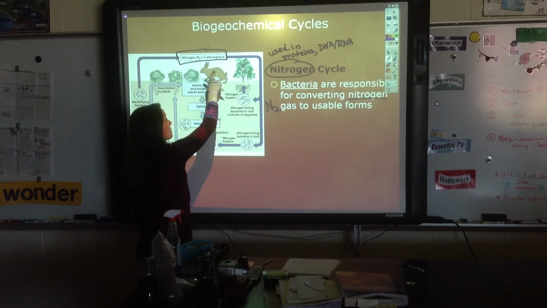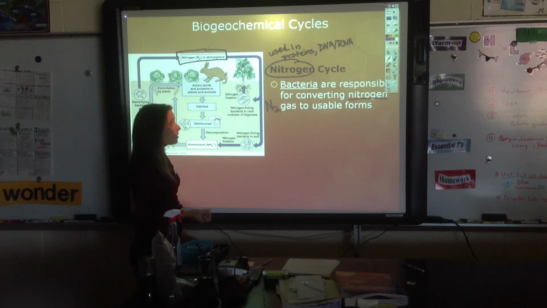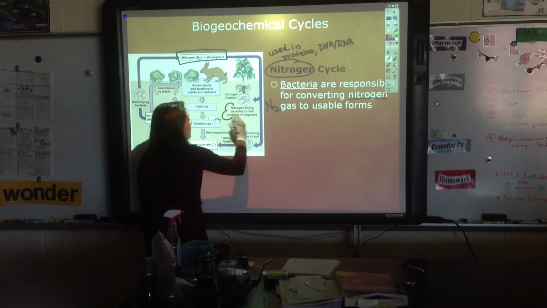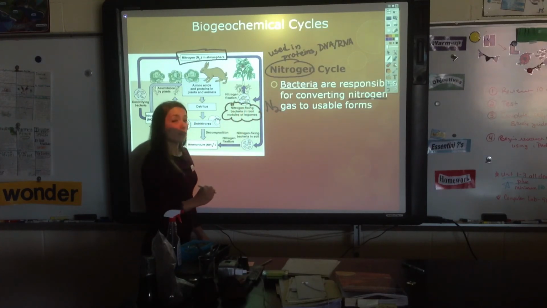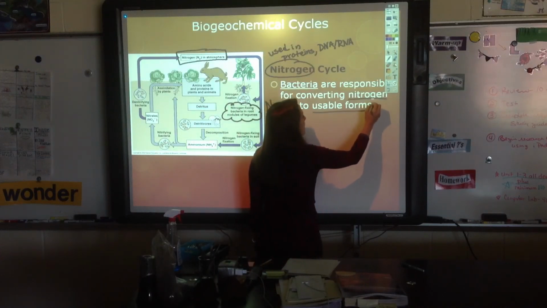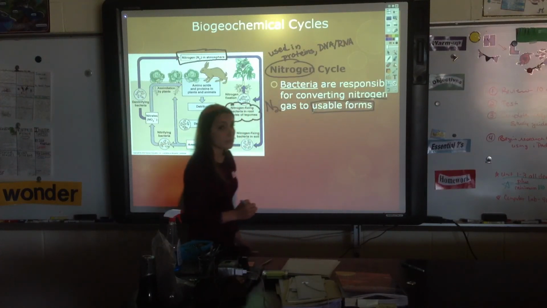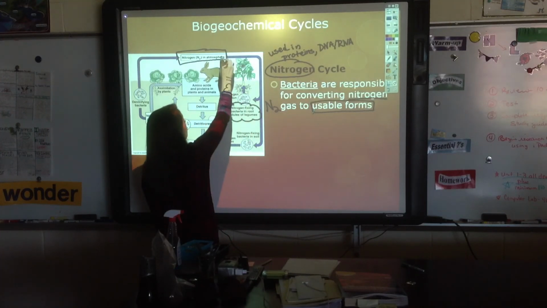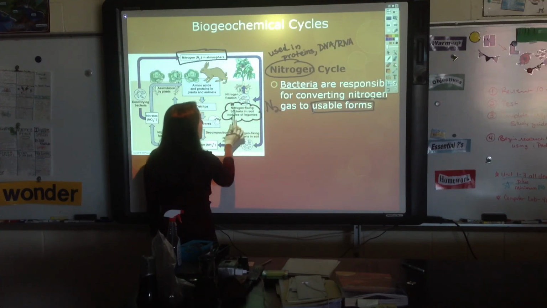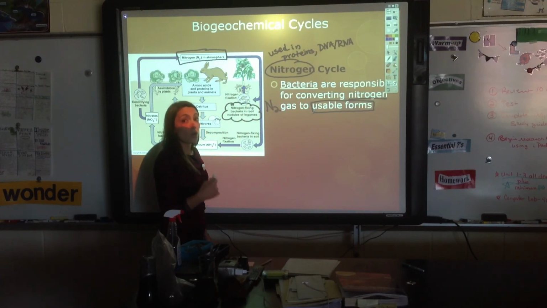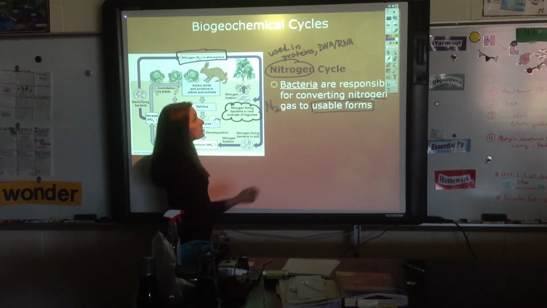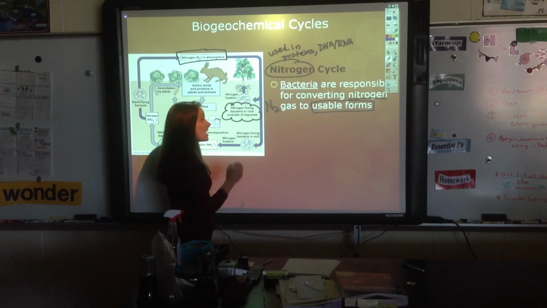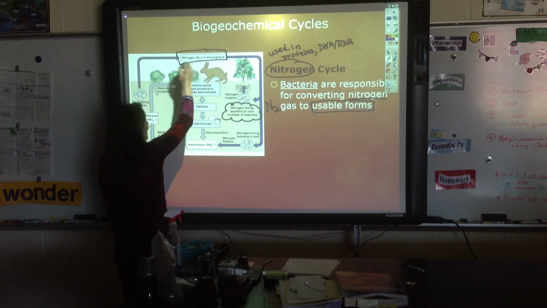However, no animals and no plants can use it all on their own. We need bacteria. Bacteria, prokaryotes, are actually able to convert nitrogen into usable forms. These bacteria are going to help take nitrogen gas from the atmosphere and put it into a plant. As humans, we get nitrogen to build our proteins and DNA and RNA from either eating a plant or eating an animal that ate a plant.